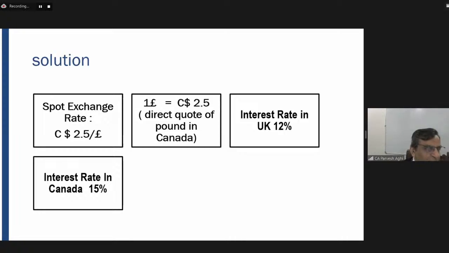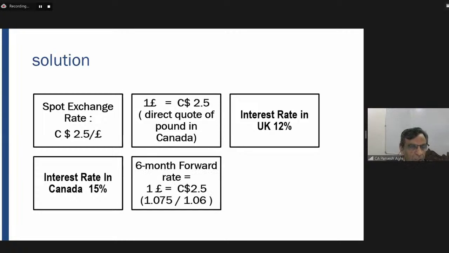These are given in the question. So this implies that the pound is going to appreciate by 3% per annum, whereas the Canadian dollar is going to depreciate by 3% per annum, roughly.